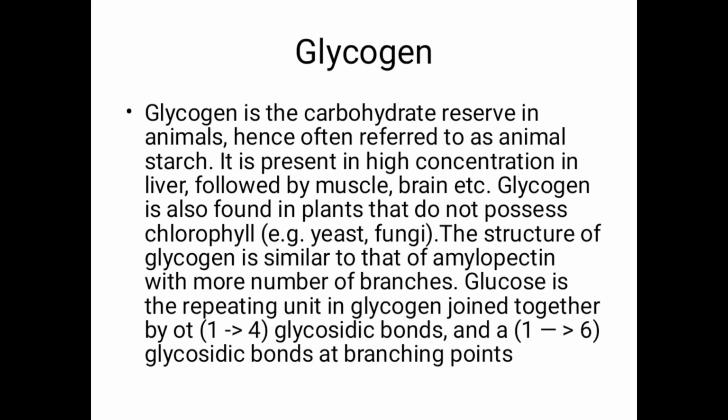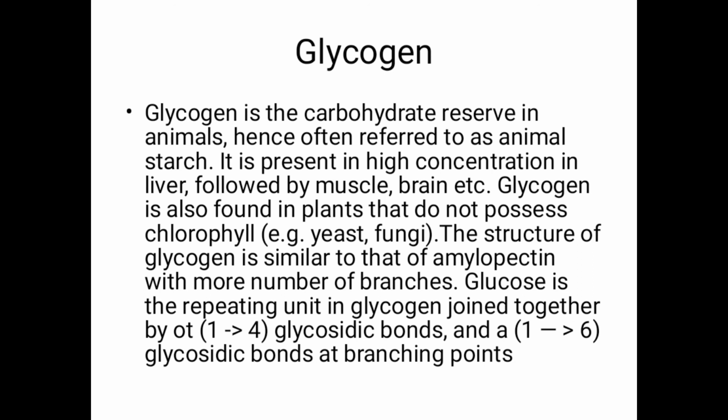The structure of glycogen is similar to that of amylopectin, with a greater number of branches. Glucose is the repeating unit of glycogen, joined together by 1,4 linkage as well as 1,6 linkage. I will request you to find out the structures, because it is not easy to insert the structures of glycogen, amylose, amylopectin, and starch into these slides.